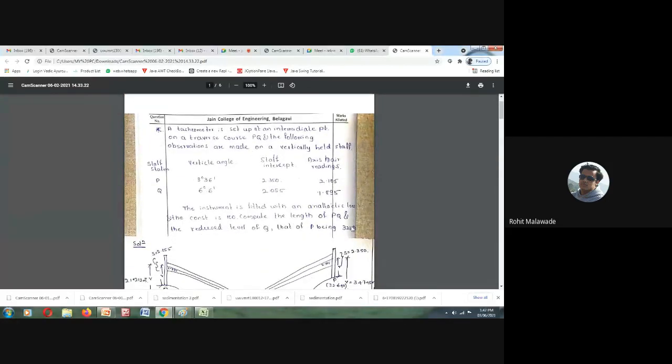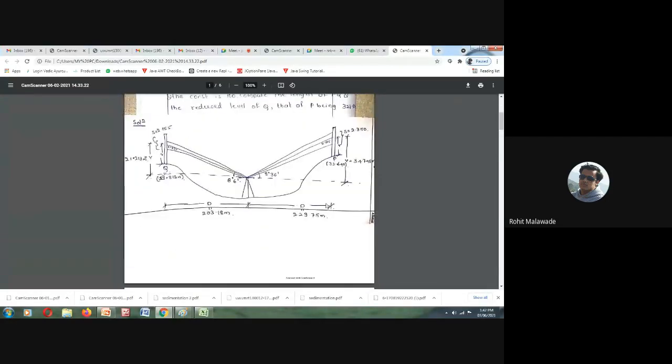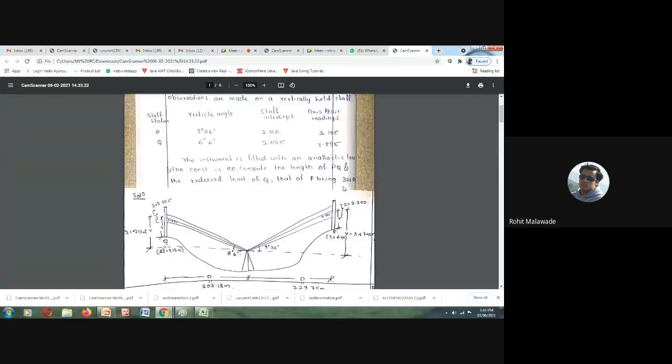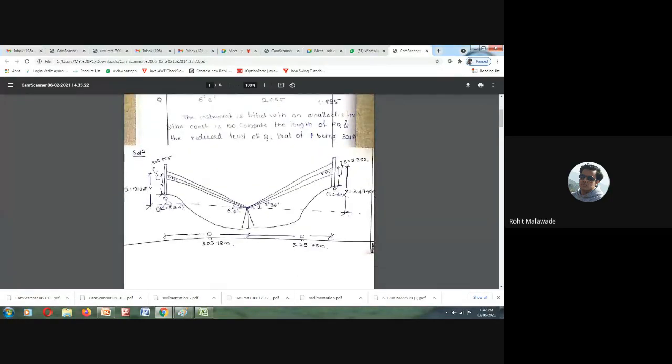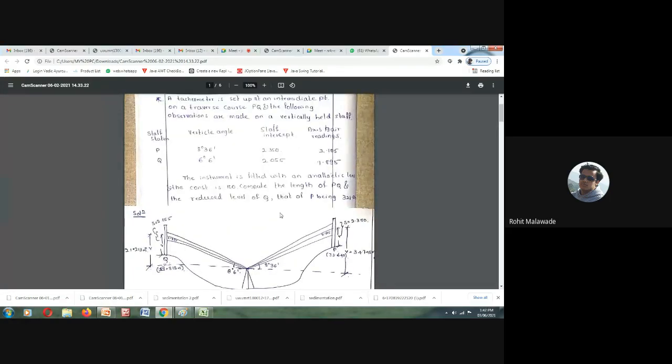Compute the length of PQ, the distance between P and Q, and the RL of Q. They have asked you to determine the distance between P and Q, and what will be the RL of Q. Is the problem clear?